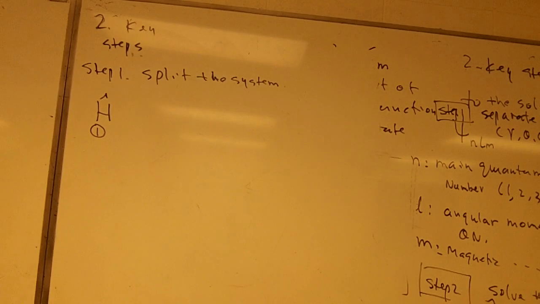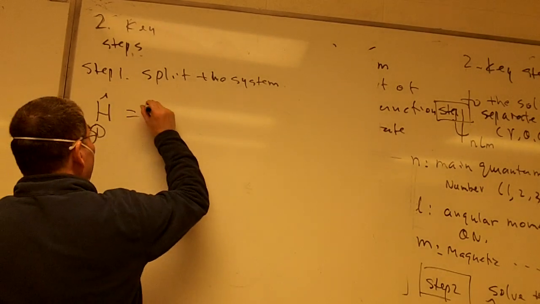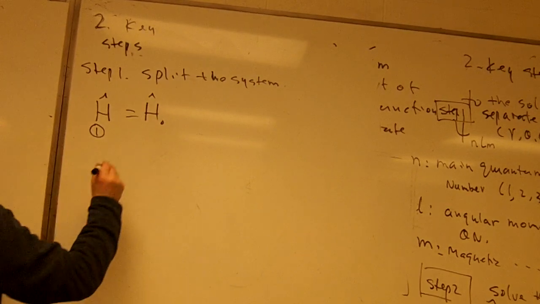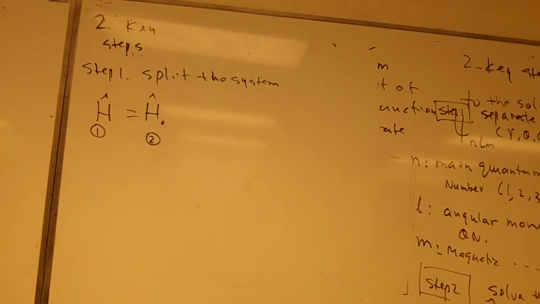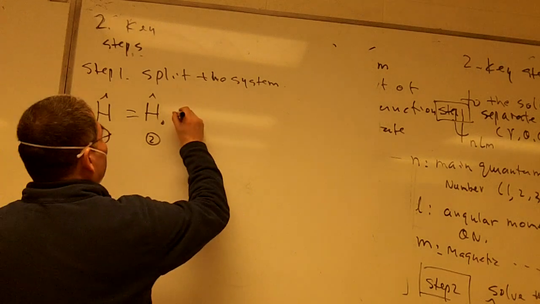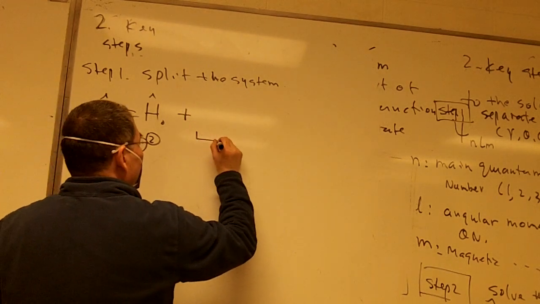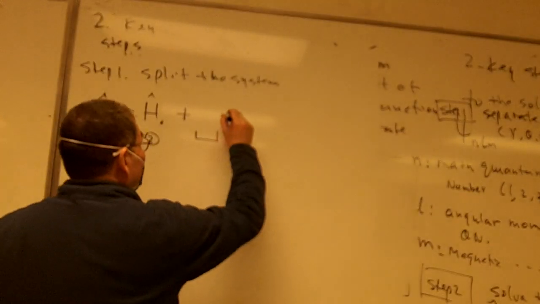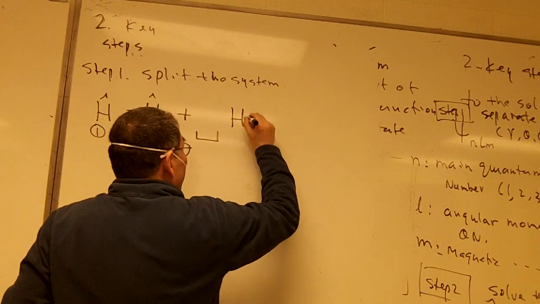It contains two different portions. H0 means the unperturbed system 2. So this is the system that we're looking for. Now, where is the perturbation? Well, this perturbation comes up. Folks, leave some space here, and I will insert a constant before that.